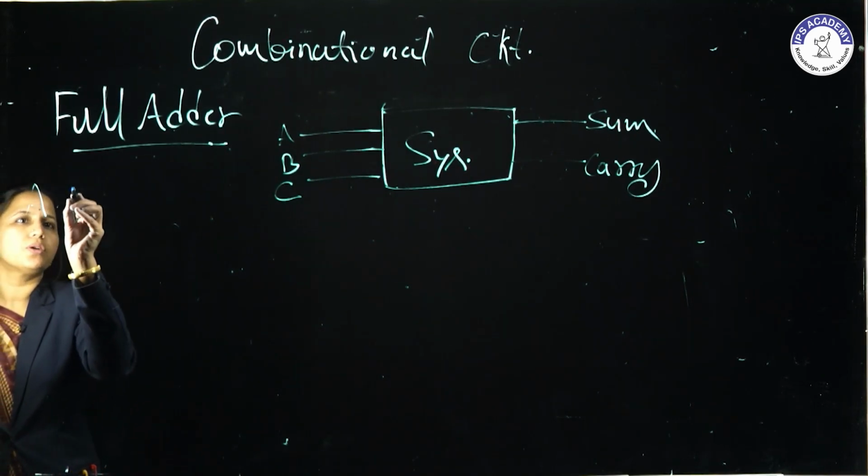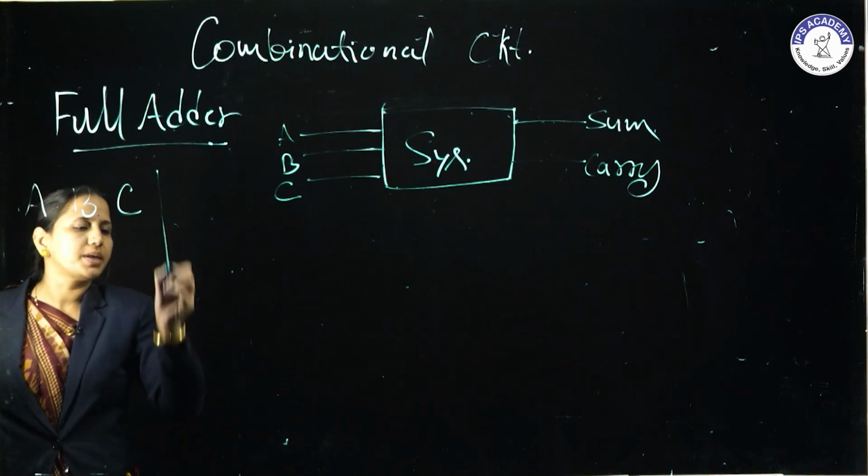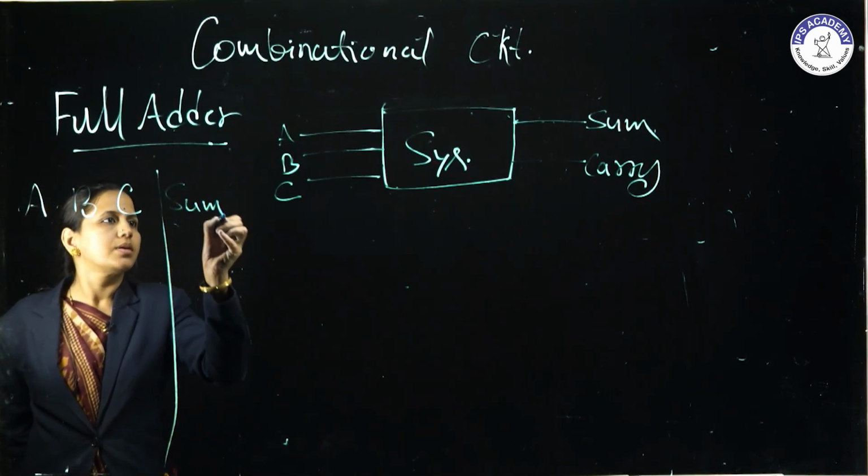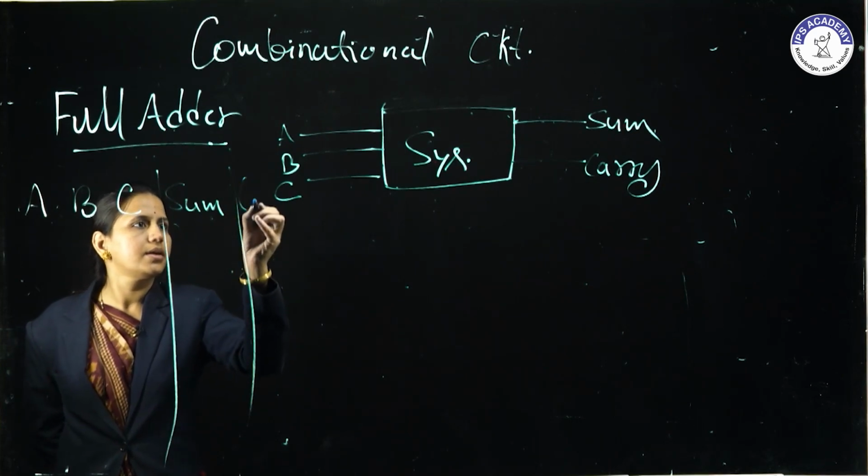If inputs are 3, then the number of combinations will be 8. Sum and carry.